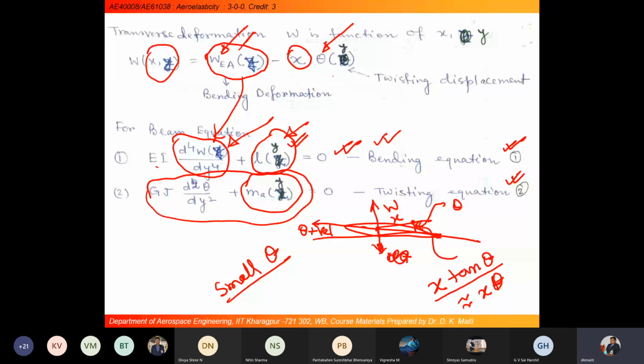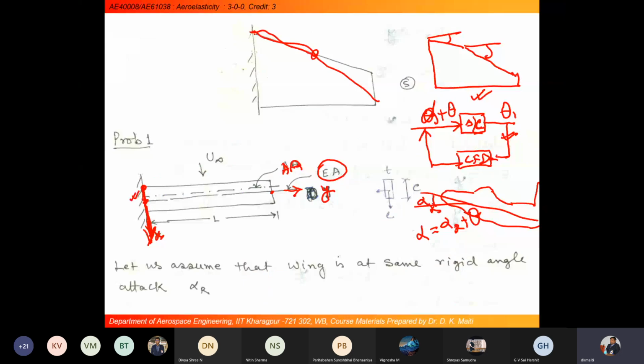L is the lift, distributed lift per unit length. Let me just go back one second. This rectangular wing, we are idealizing as a cantilever beam, and its bending stiffness and torsional stiffness act through this elastic axis.